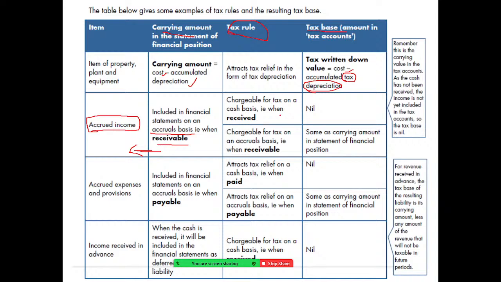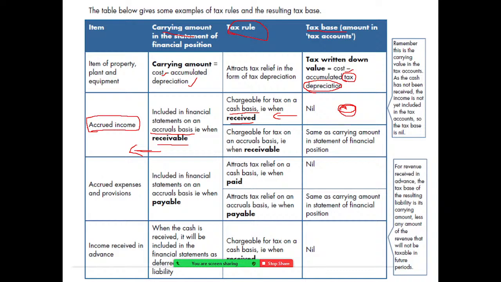But when it is treated on a cash basis, the tax base will be zero. So it is chargeable for tax on a cash basis, that is, when it is received. So here it is different. Accrued income is on accrual basis and the accrued income is treated in the tax accounting on a cash basis. So that's a difference. So this time the tax base is zero.